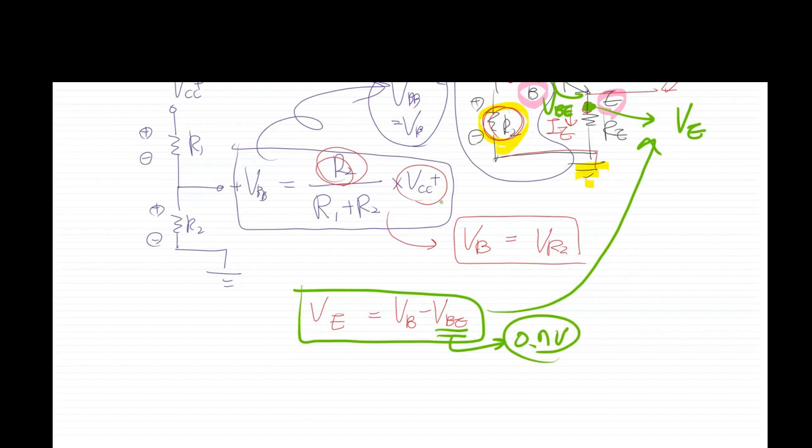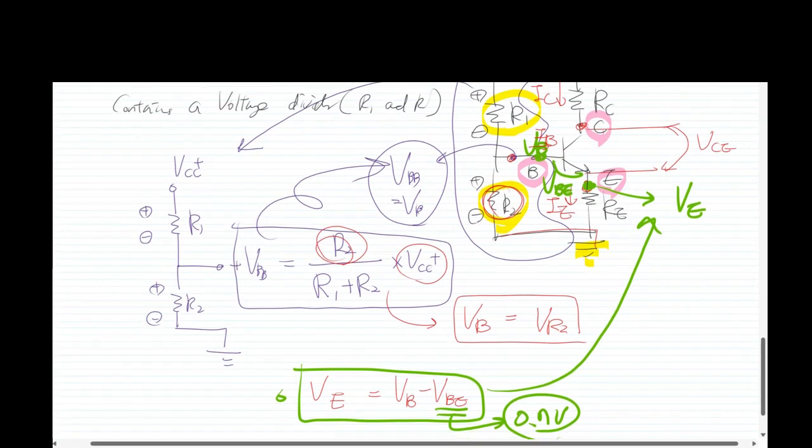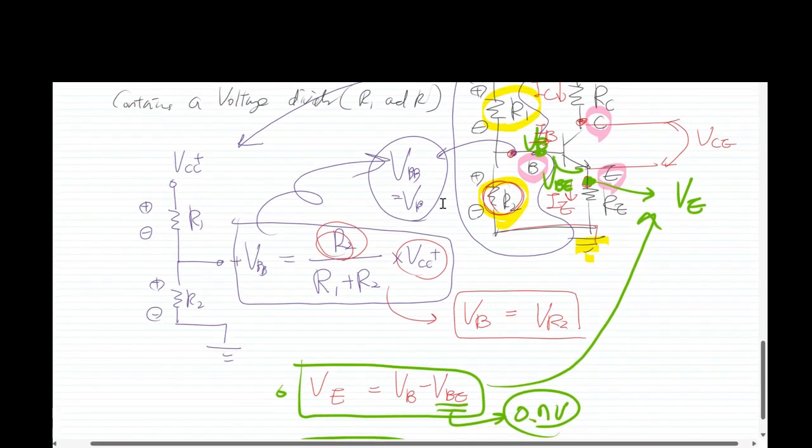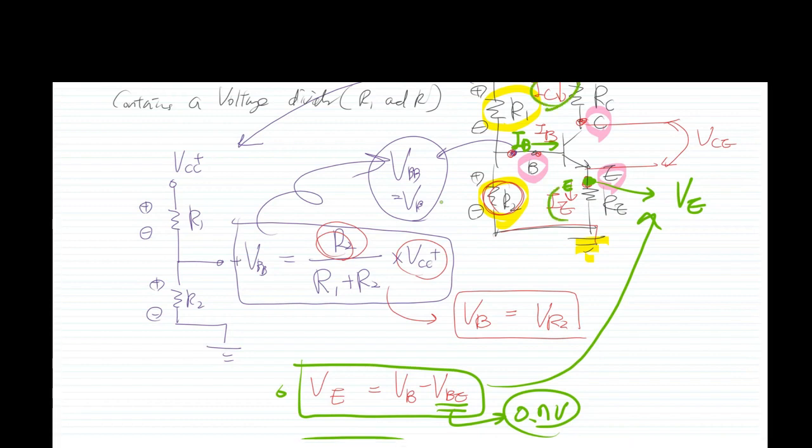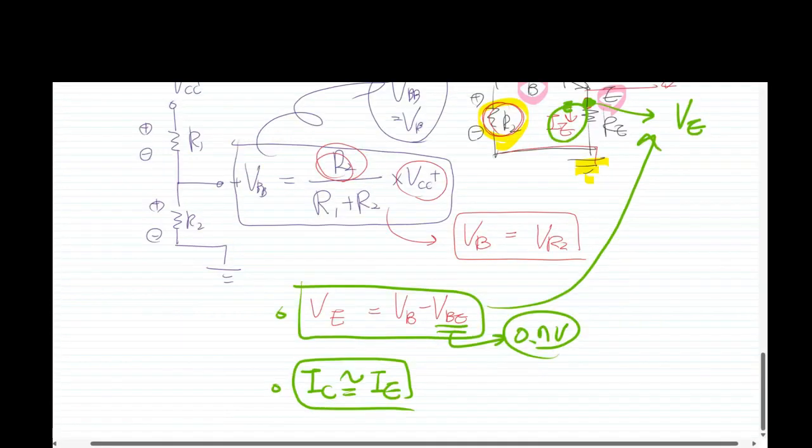Okay. And then same thing, I sub C is equal to I sub E, because I sub B is really small. So this is why I sub C and I sub E are really similar.